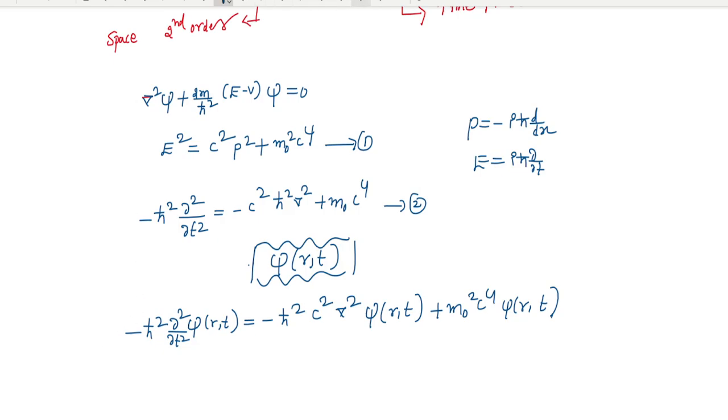So this is the famous equation known as the Schrodinger relativistic wave equation or the Klein Gordon equation.